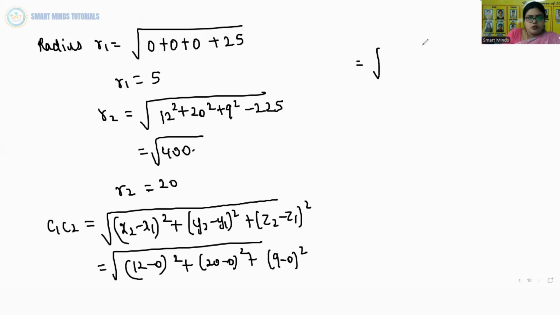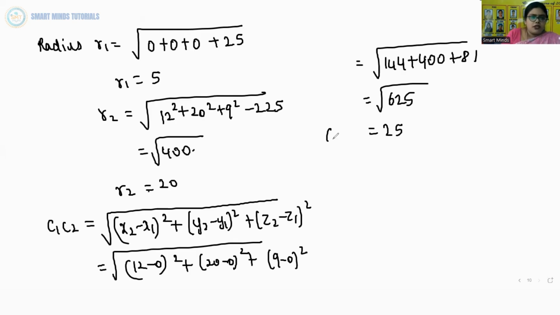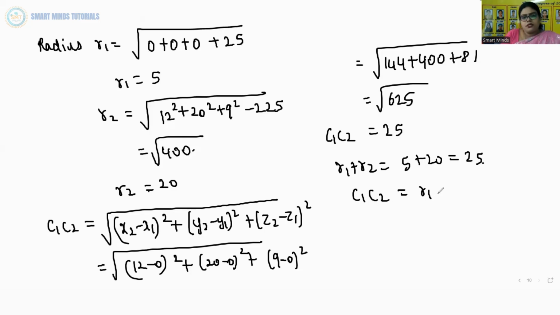So that is root over 144 plus 400 plus 81. If you add it up, you get 625 and root 625 is 25. So we got C1C2 as 25. And R1 plus R2 is 5 plus 20, that is also 25. So whenever C1C2 is equal to R1 plus R2, we can say that the two spheres touch externally.